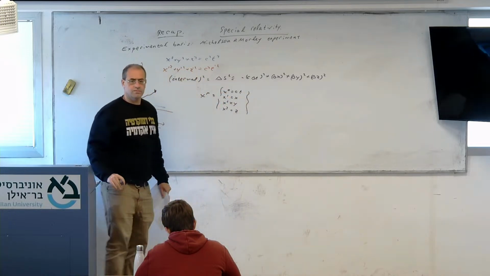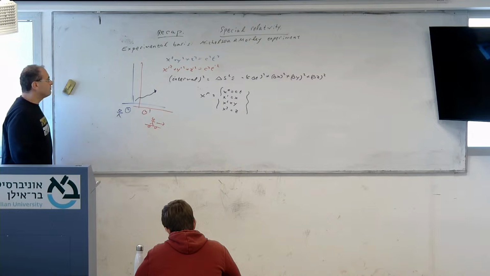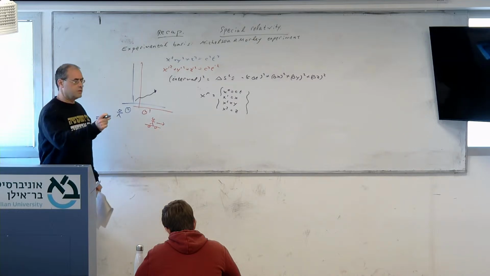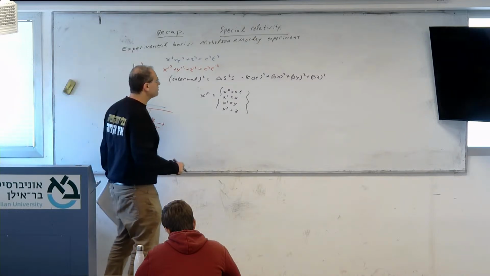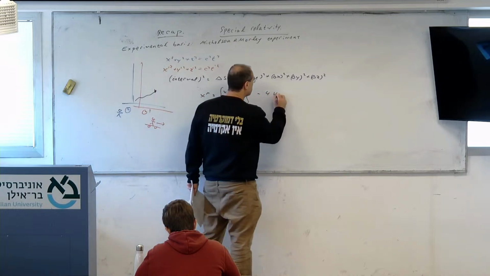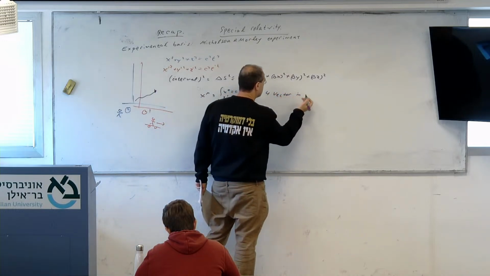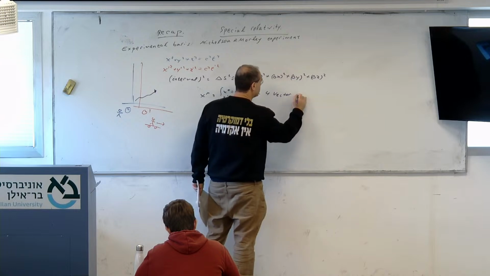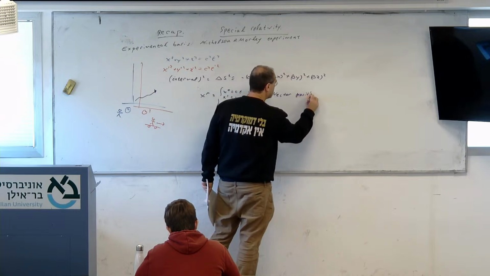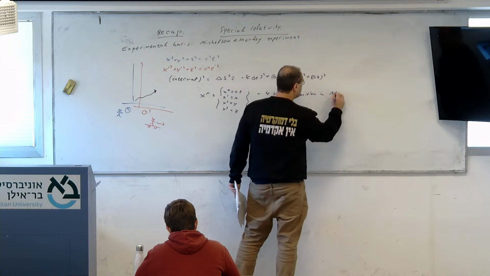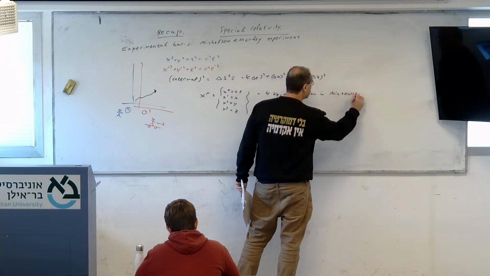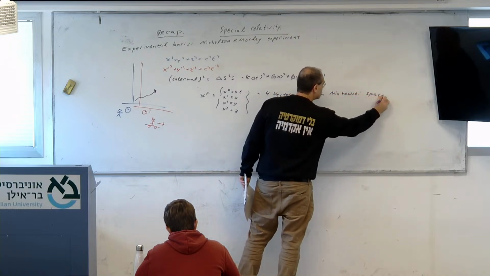That's 4 components. It's a 4-vector in space-time known as Minkowski space, the 4-vector of position in Minkowski space.